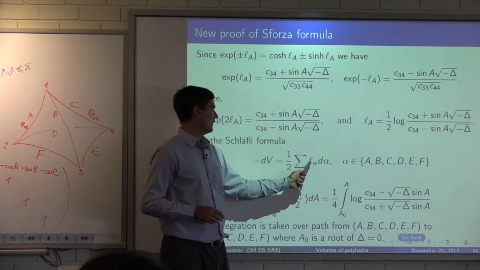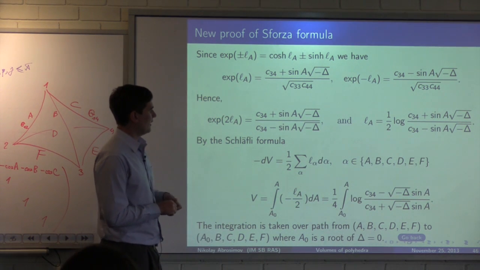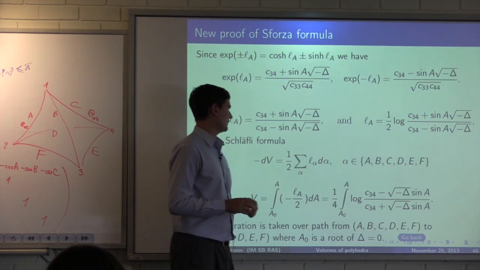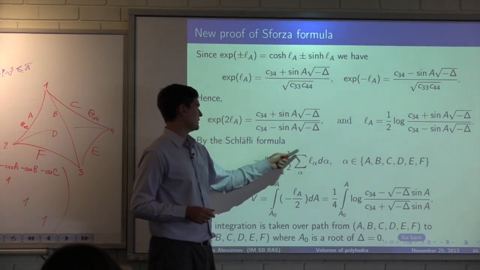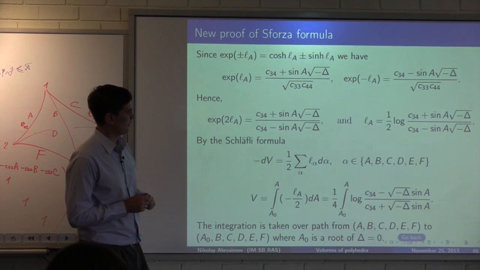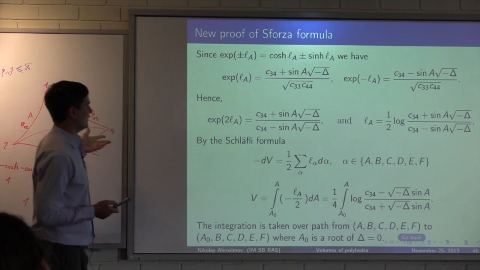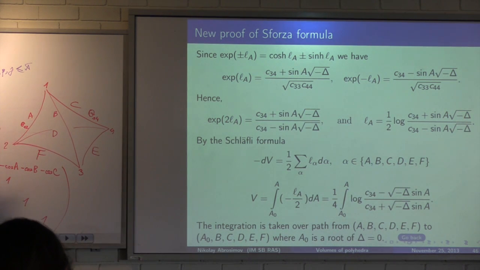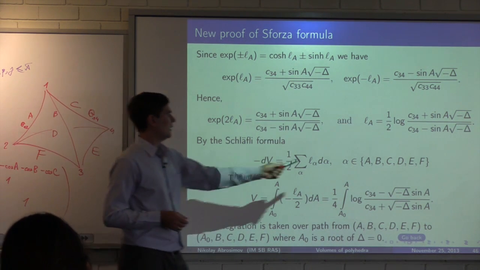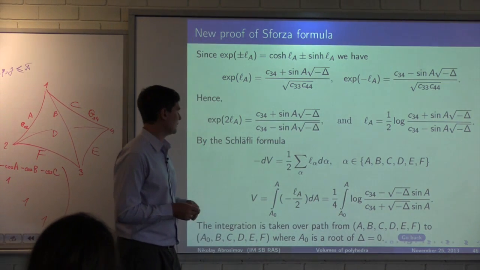And here, L sub alpha is just the edge length corresponding to dihedral angle alpha, and the sum here is taken over all the edges of this polyhedron. But since we imagine that only one angle is varying, this formula is essentially simplified.